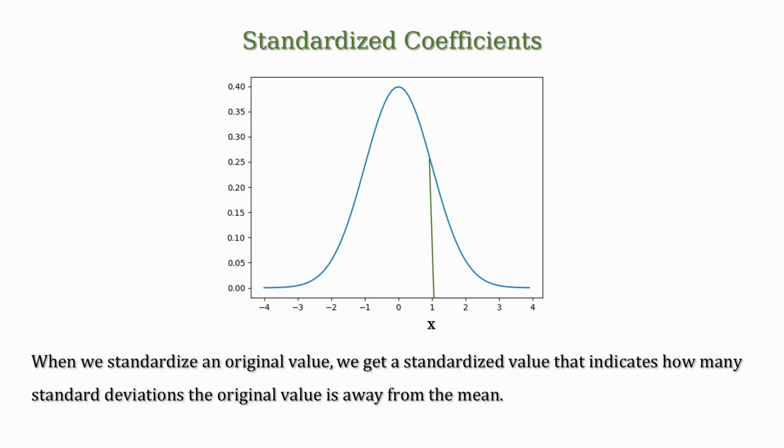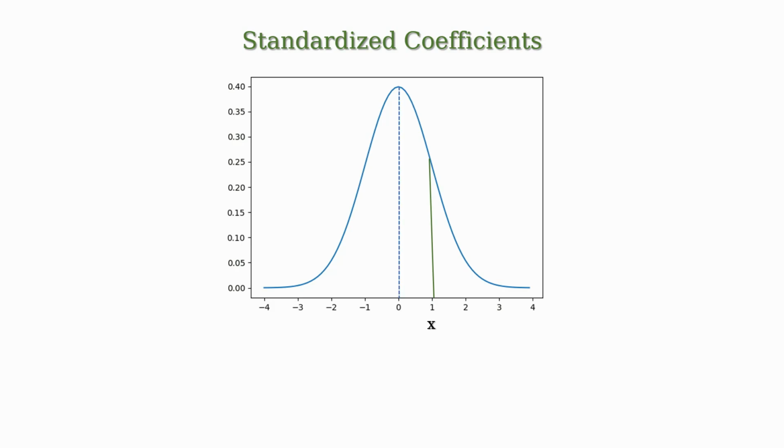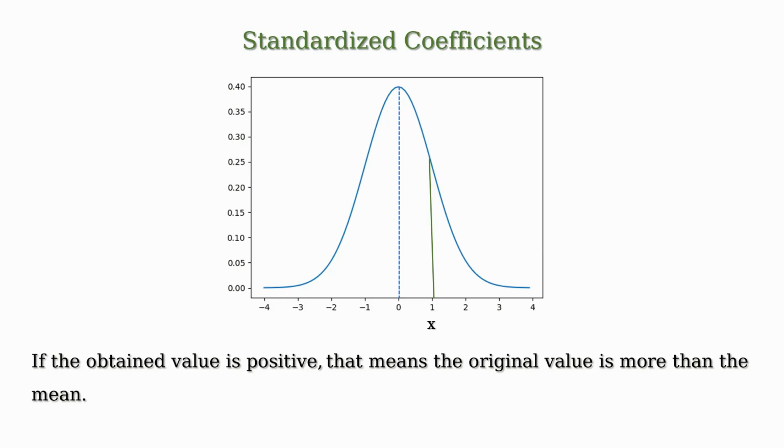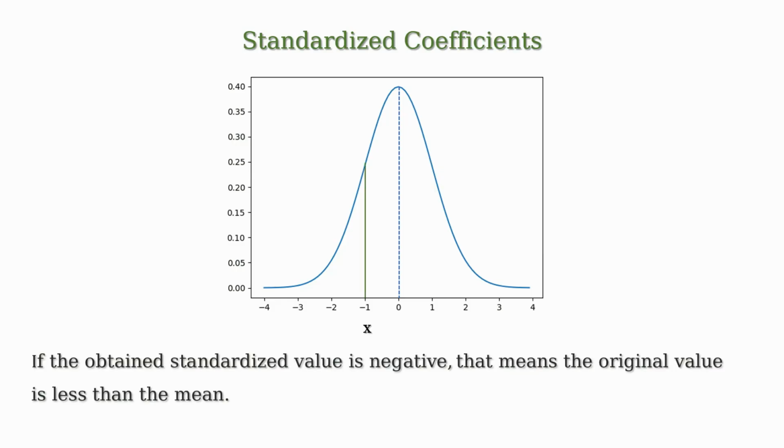If the obtained value is positive, that means the original value is more than the mean. And if the obtained standardized value is negative, that means the original value is less than the mean.